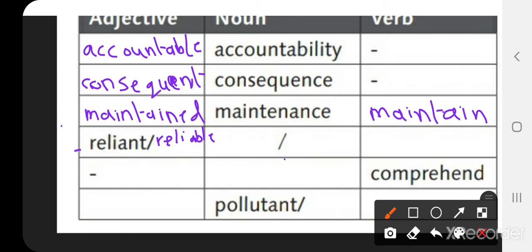We have reliance, sorry, and reliability as another noun. Reliability. Write them down. Now, what about the verb? As a verb, we have rely.